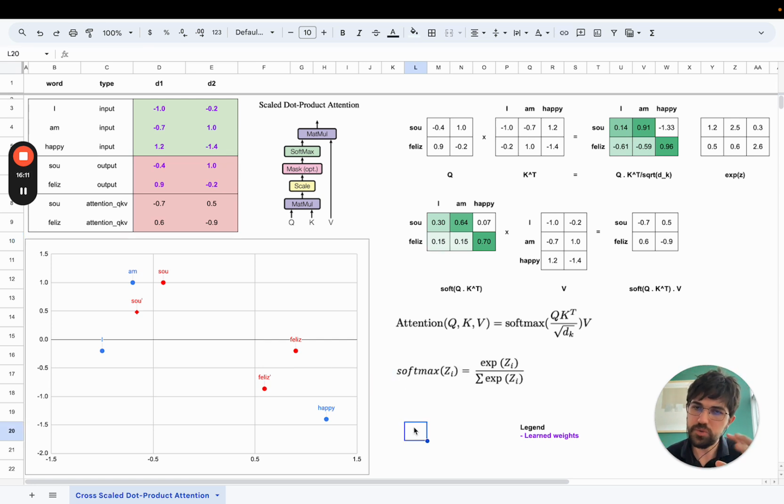And that's it. Here we implemented this scaled dot product attention, and more specifically this cross attention, since we are crossing this input and the target.